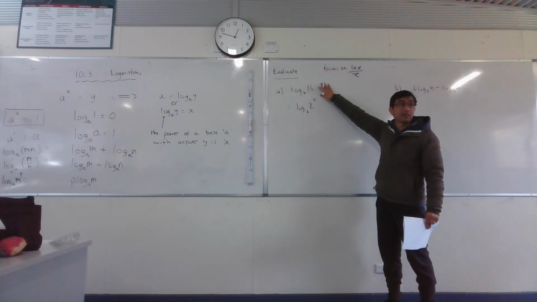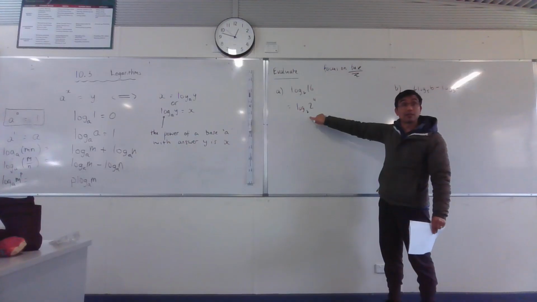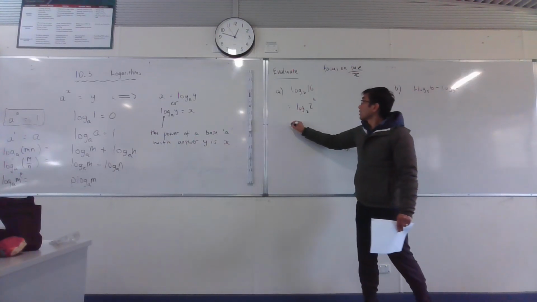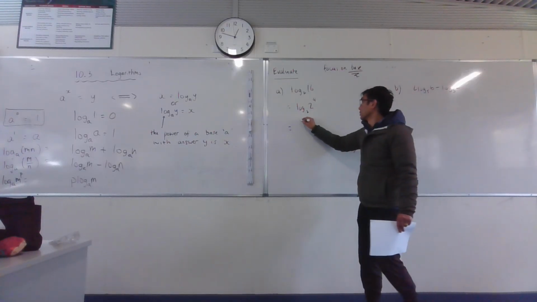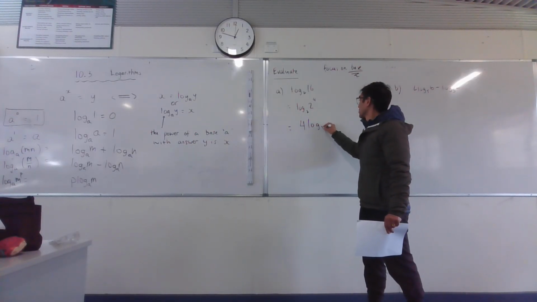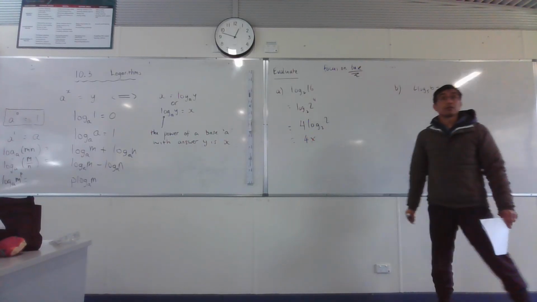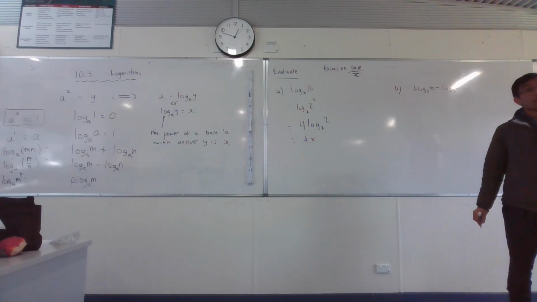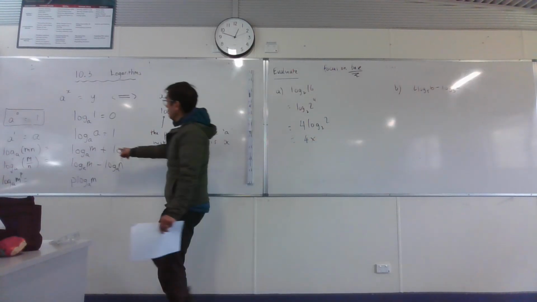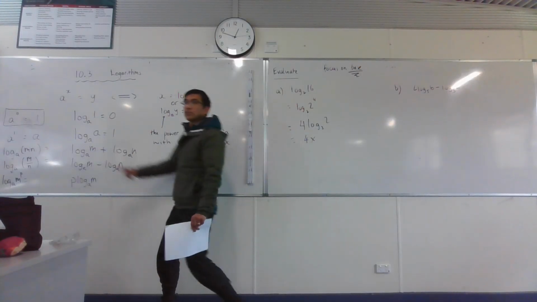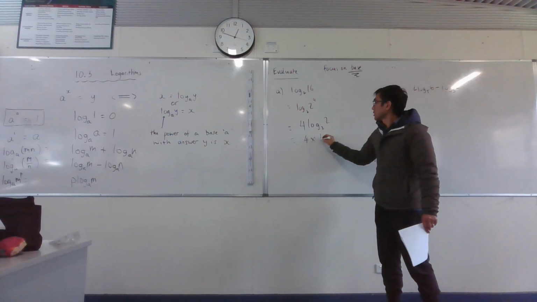Because 2 to the power 4 is 16. I'm trying to relate a base in here with a base underneath the log. That 4 goes in front. And we know log 2 of 2 is going to be 1, because we're using this one here. If you see a repeat of 2 bases, change it to 1.